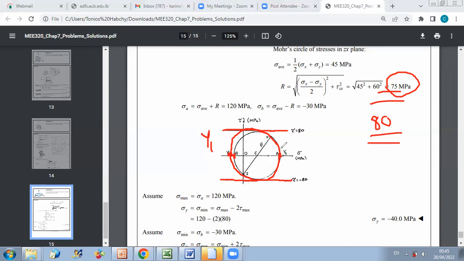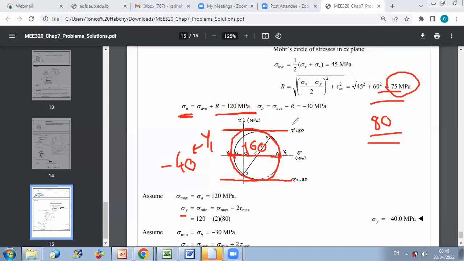In this case, this distance is the diameter, 2 times the radius, 160 megapascal. Since you have already calculated sigma A, which is 120 megapascal, the first possibility is that sigma Y should be equal to minus 40 to ensure a diameter of 160.